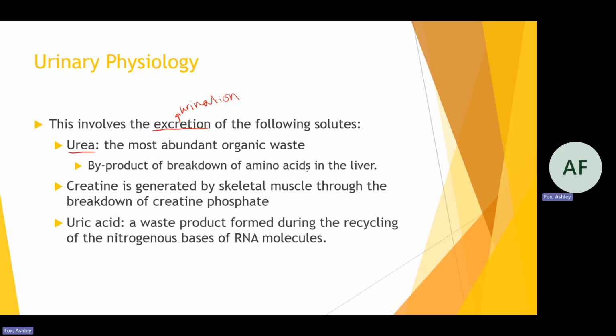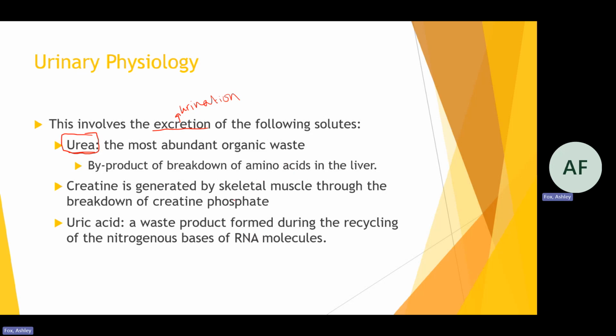When we break down amino acids in the liver, that is where urea is produced. So that's what we need to get rid of. We can't use urea or recycle it, so we are going to get rid of it in urine.